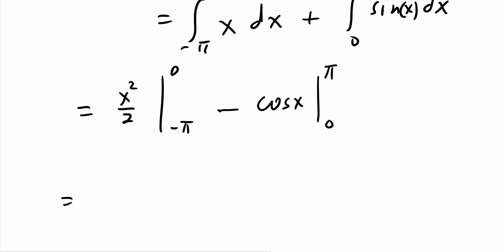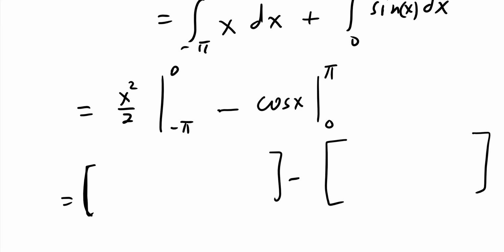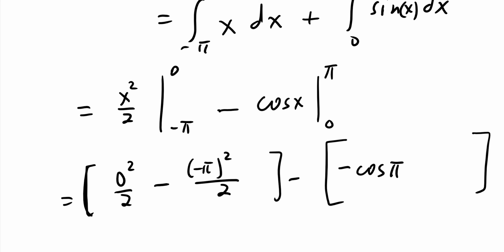Then what we get here, we're going to go with the first one first, minus the cosine next. For the first one, you substitute the 0 in, minus negative pi in. For the next one, negative cosine pi, minus negative cosine 0.